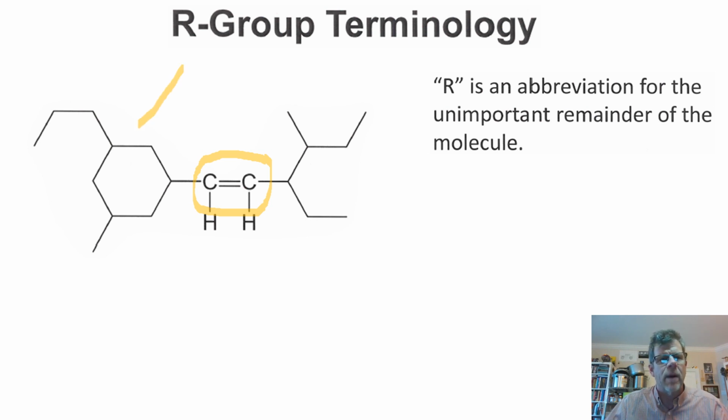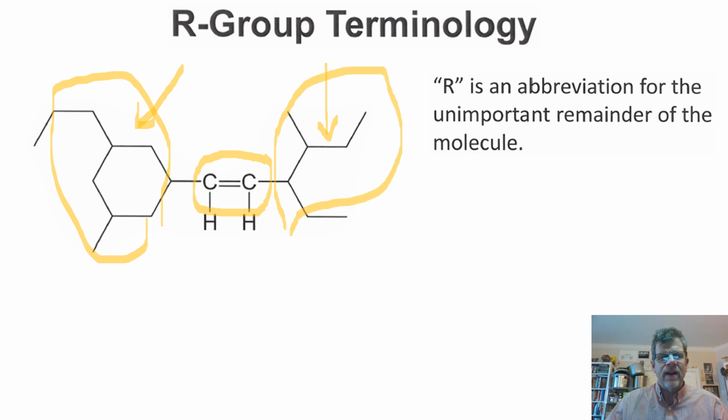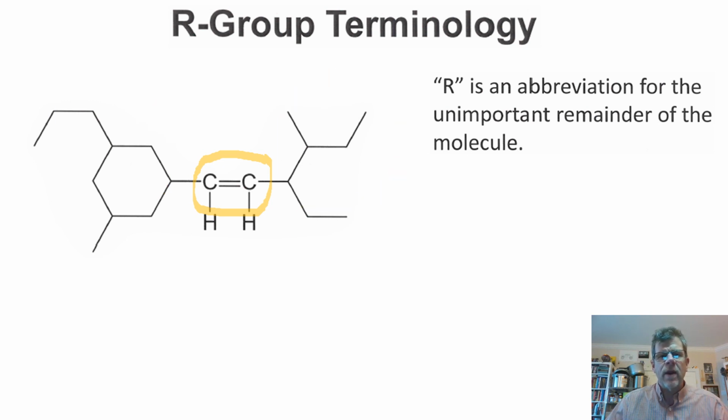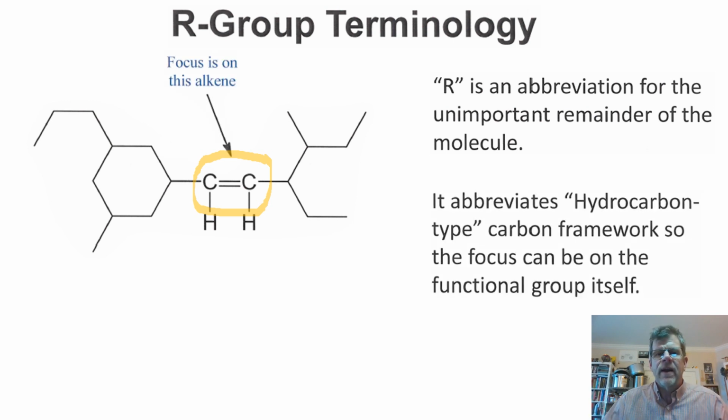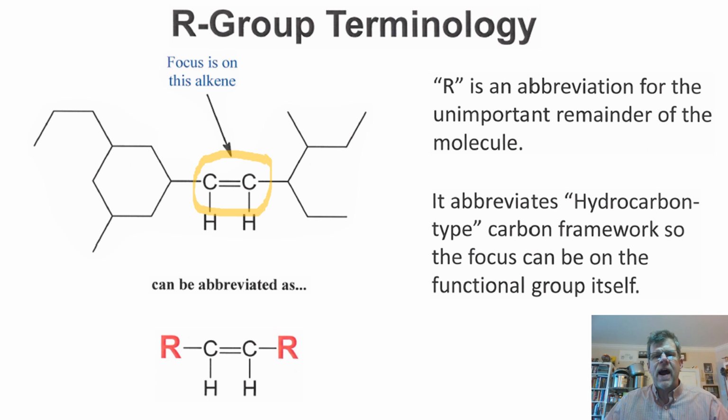There's a lot of other shrubbery here, which I like to call it, just extra carbon structure, which isn't important to the argument or the attention I'm trying to have you draw to a particular portion of that molecule. Since this architecture here and here is sort of meaningless, what I can do is just replace that with the letter R. It abbreviates the hydrocarbon framework, which we don't care about, as this R group right here.